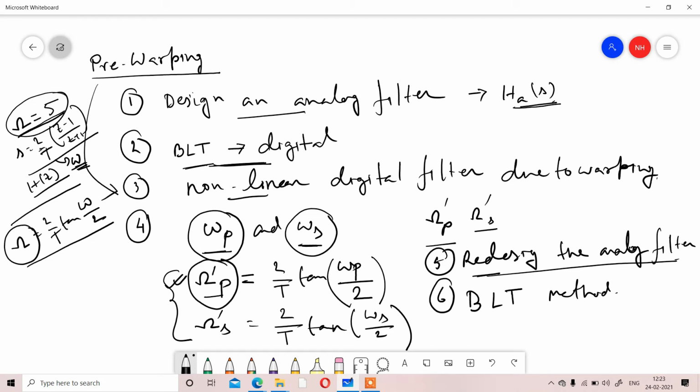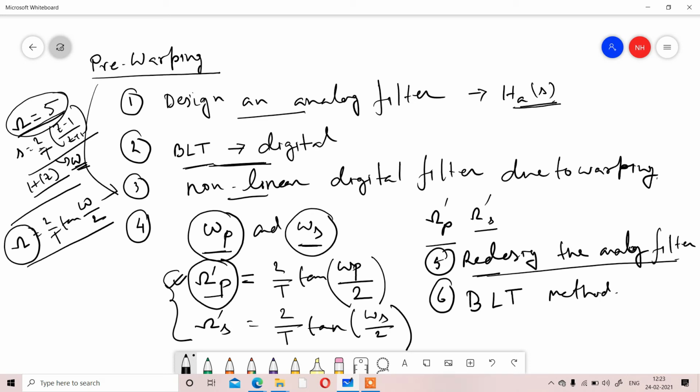Yes, sir. Okay. So basically, we have an analog filter. Over that analog filter we use BLT and we get nonlinear characteristics. From the digital filter we got using BLT, whatever digital frequencies we get, from those digital frequencies we again recalculate the analog frequency, which is not equal to the previously mentioned analog frequency.